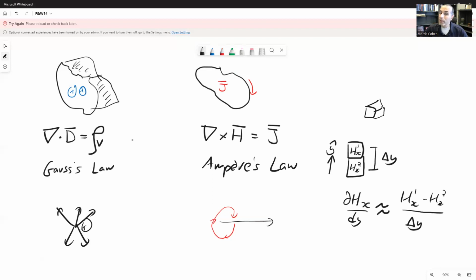So we can make approximations to derivatives pretty well. All we've got to do is split space up into small little squares or small little cubes and solve a derivative as a difference between consecutive cells.